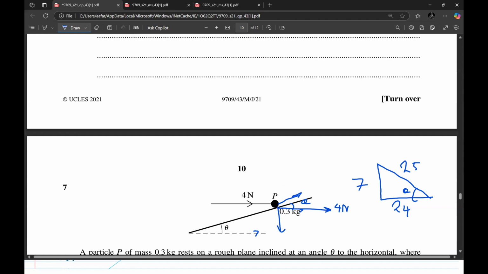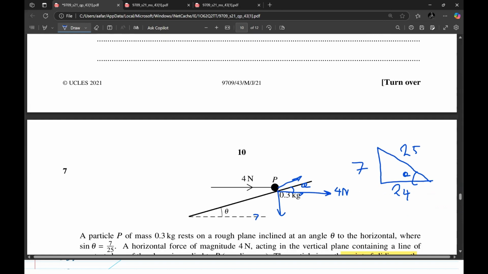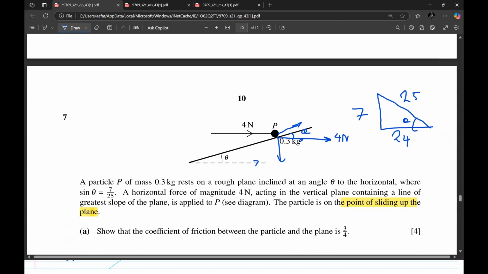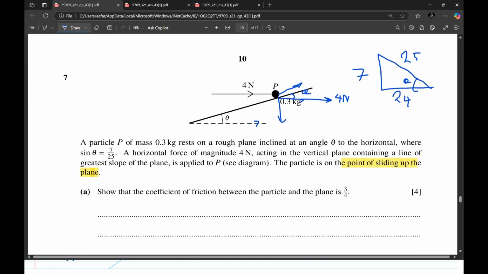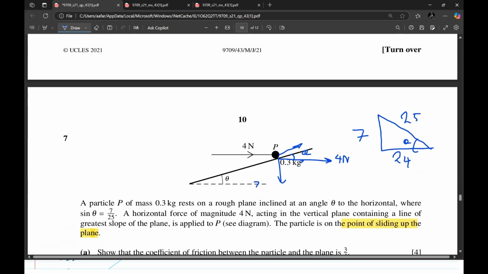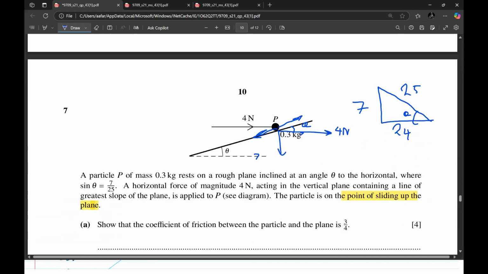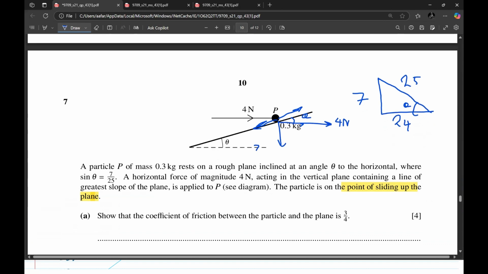This component will be 4 cos theta. And since it's sliding up the plane, friction and the weight component will add up to cancel out the upwards component of the force. Not exactly.